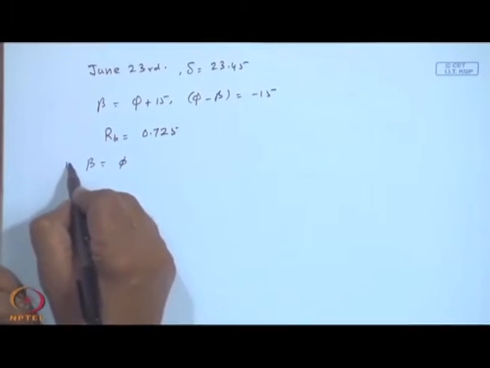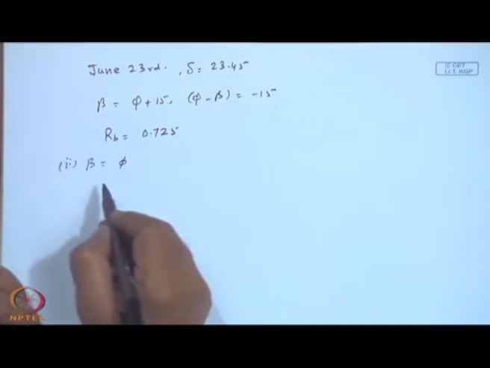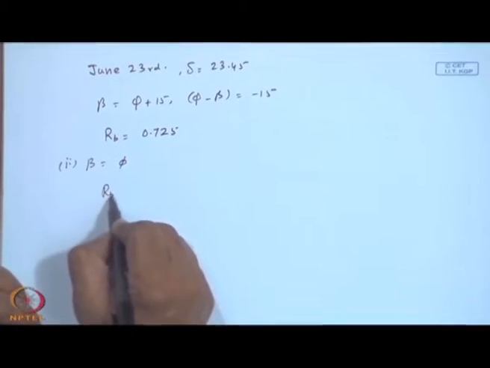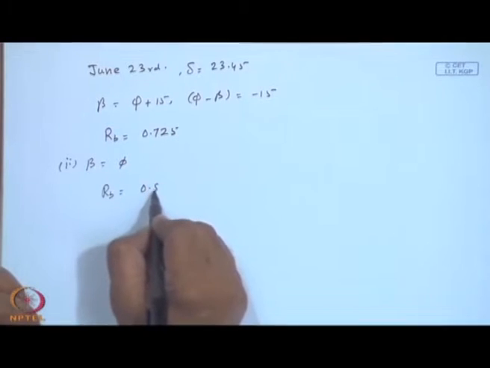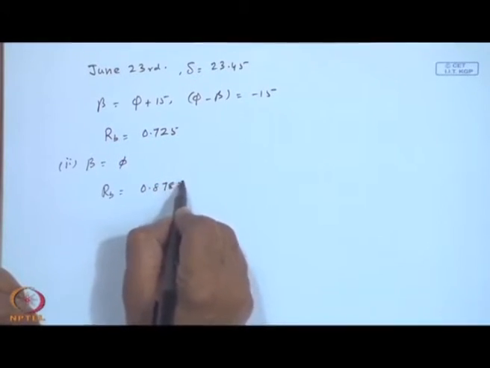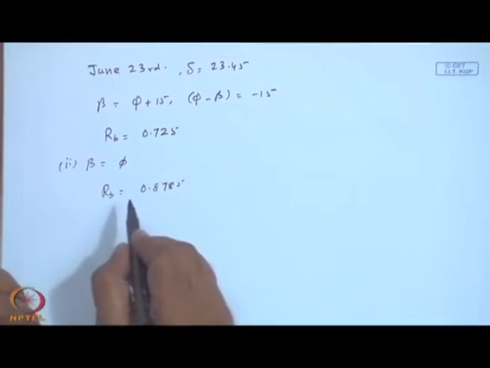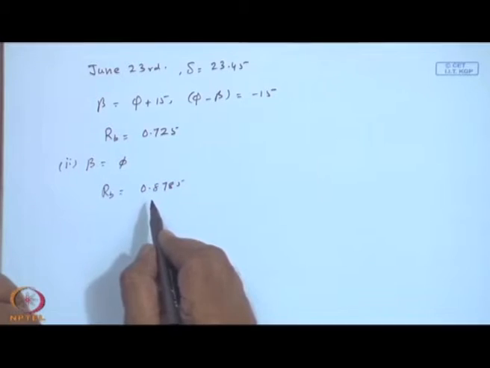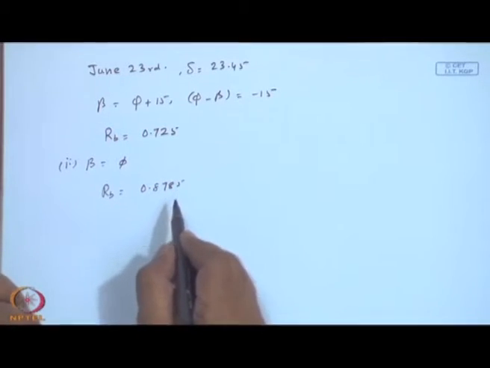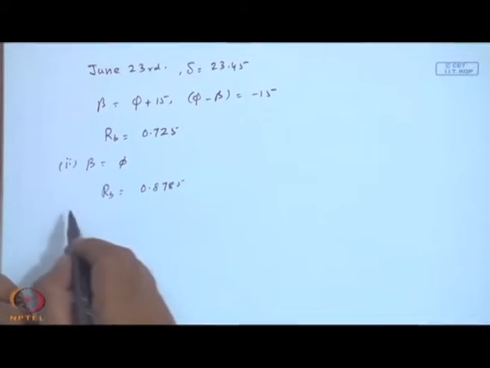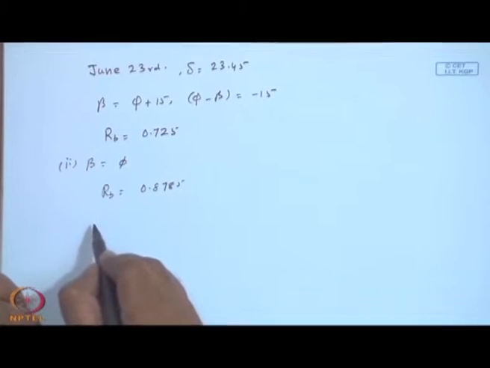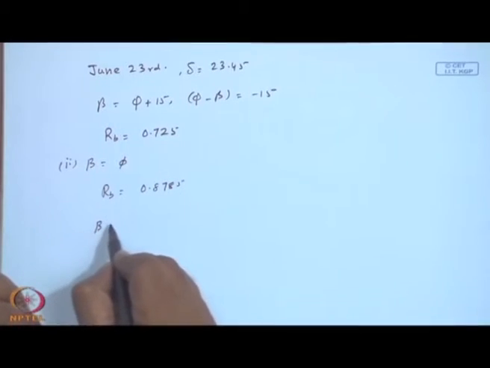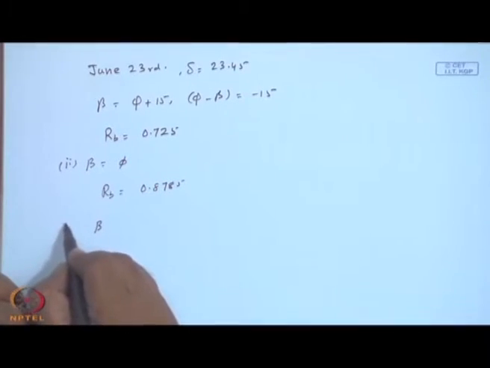And for the second case of beta is equal to phi, you have RB slightly better, 0.8785. Please go through the arithmetic calculation, a simple relation, which we have done in detail last class. So, you can again check it up, and you will find if there is a difference. Qualitatively, I do not think there will be much difference.